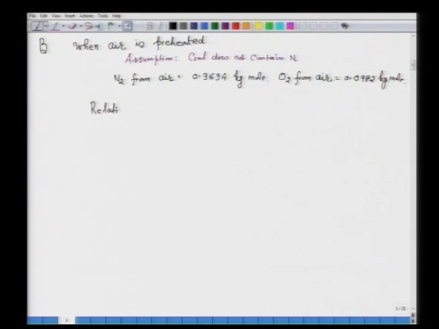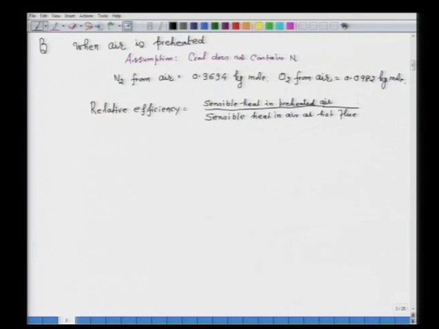I will write down the definition again for you: relative efficiency is equal to sensible heat in preheated air upon sensible heat in air at hot flue gas temperature.